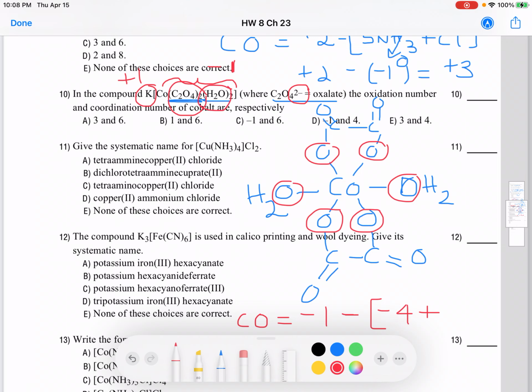Water is a neutral ligand, so it is 0. So -1 minus -4 makes it +3. So the cobalt is +3, which is the oxidation number +3, and the coordination number is 6. Number 11.